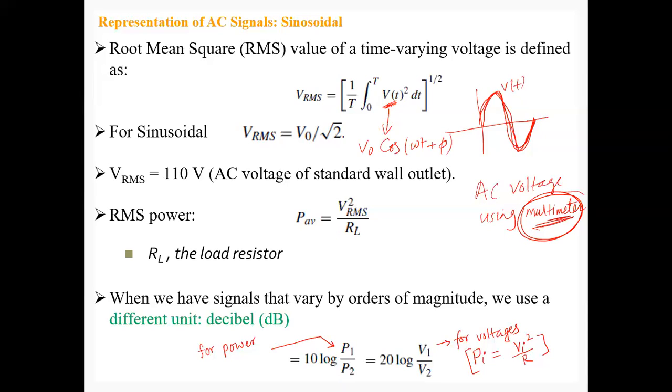If you plug this in here and do the integration, then this happens to be equal to this guy here. You can do this integration at home if you want. I'm not going to do it because this is not a calculus class.